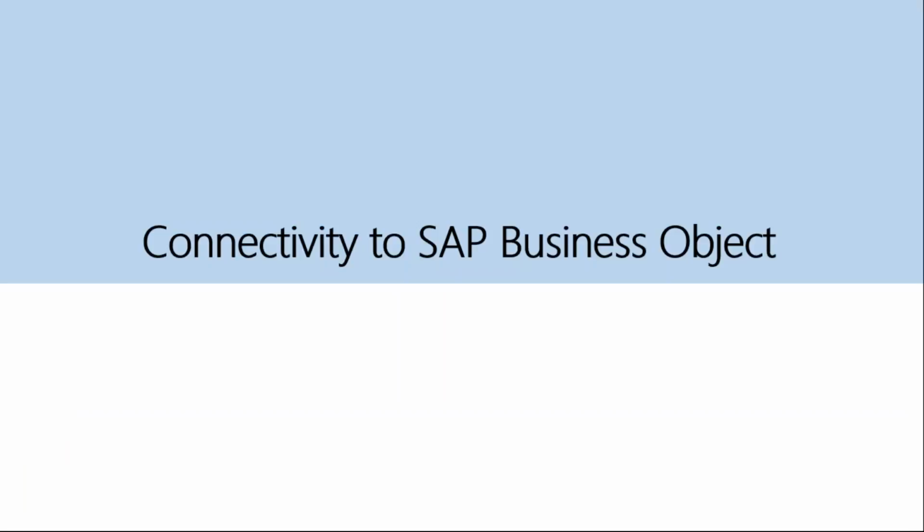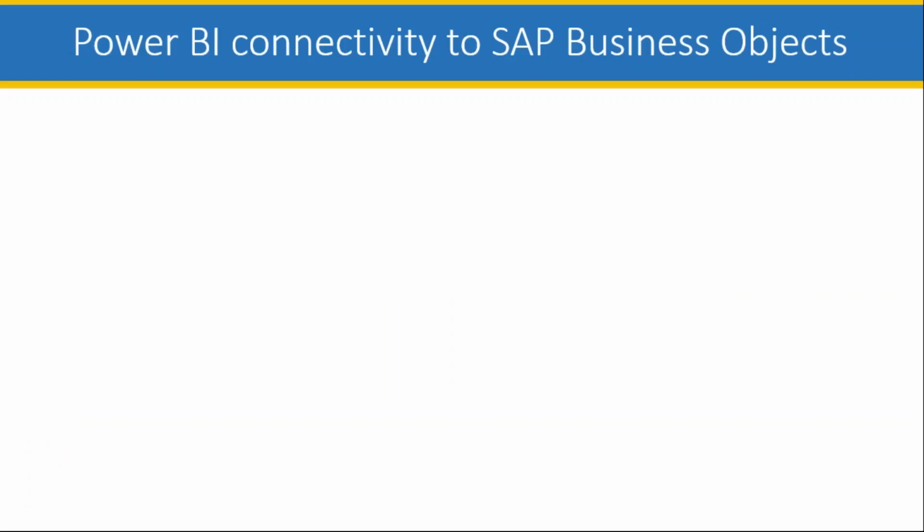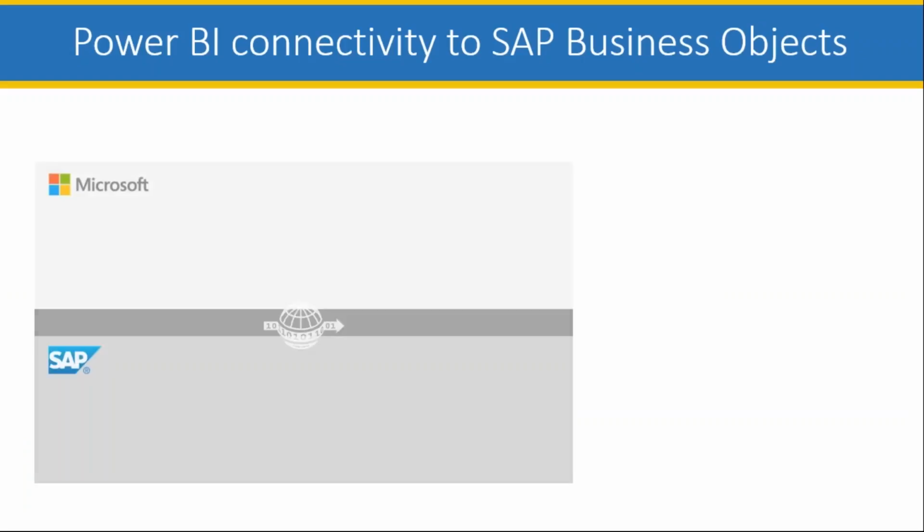You can easily connect to SAP Business Objects and SAP HANA using Power BI. It's a very simple connector that is available through Power BI. You just have to connect it, and it will allow you to pull the data from SAP Business Objects. The same can be utilized as an analytical model within your Power BI.